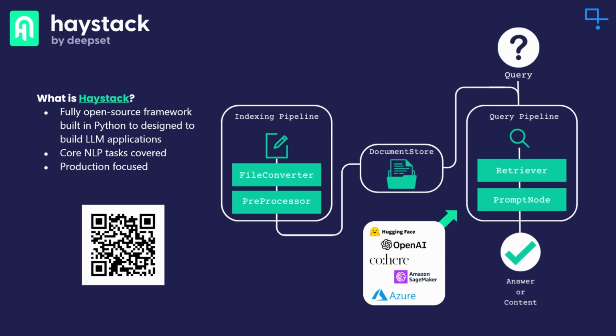We're providing this framework to developers to build out their own NLP applications. This graph you're seeing here is a classic query pipeline that we would build to build a retrieval augmented generative pipeline, where we have a retriever followed by something like a prompt node. But again, we're providing the framework.